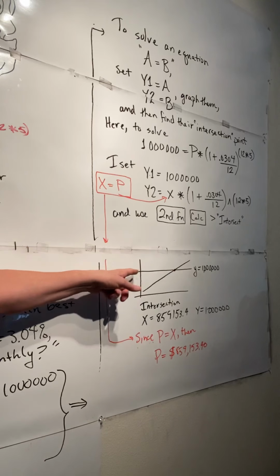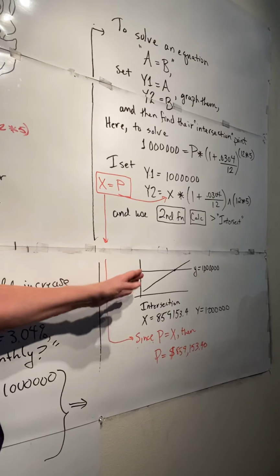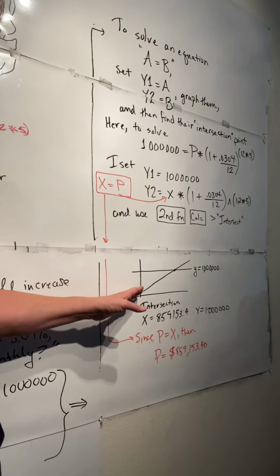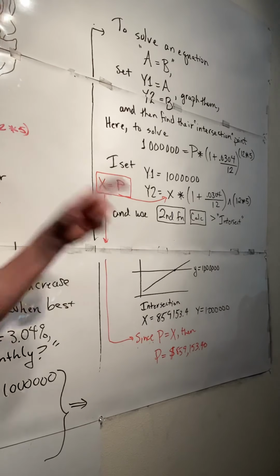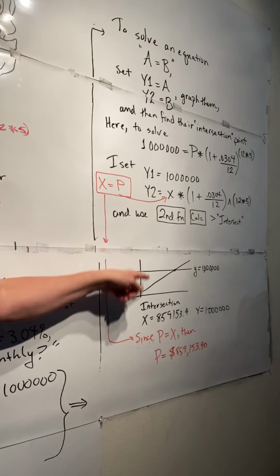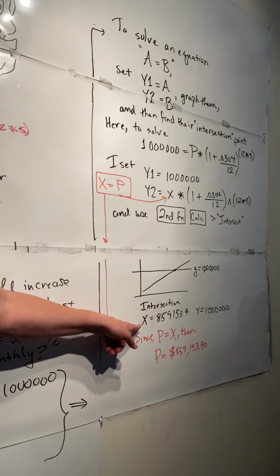That's why we chose it to be y1. We're trying to see when the other side of the equation, the B side, equals the A side, that constant. And it's telling us the answer right here. It's saying it happens when X is equal to 859,153.4.